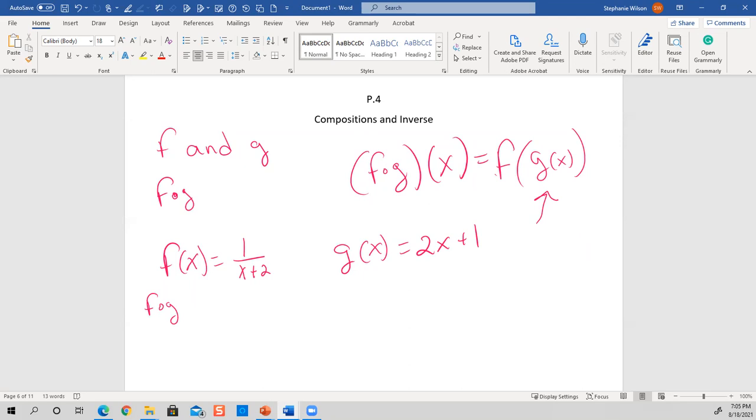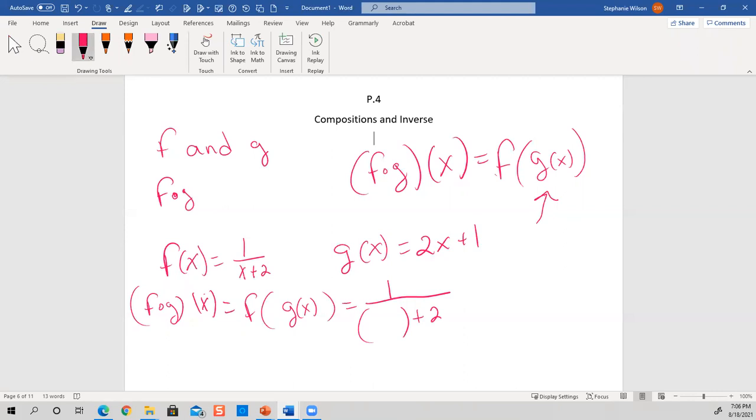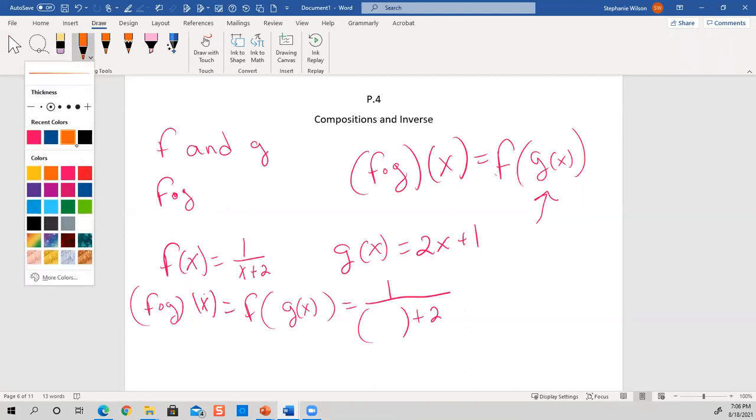The composition function f of g says that I'm going to take my f function, and everywhere I see x, I'm going to plug in the g function. Well, let's rewrite it. Here is my f function. And now we're going to plug g into that function.